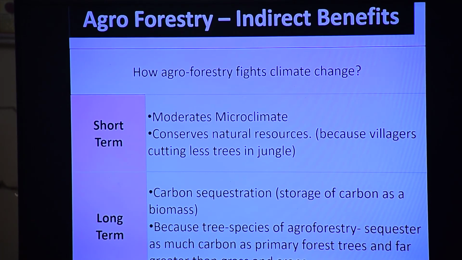natural resources. Which are the natural resources? Land resource, water resource, forest resource, and human resource also. Long term, mitigating. What will it do in the long term? Mitigating climate change impact at macro level.